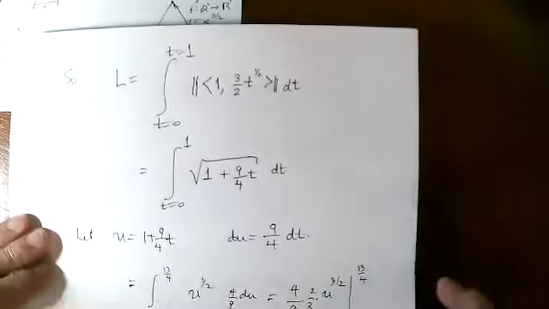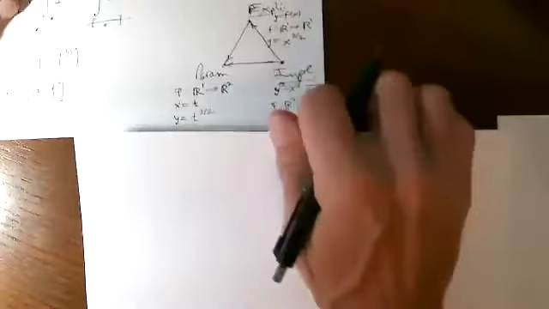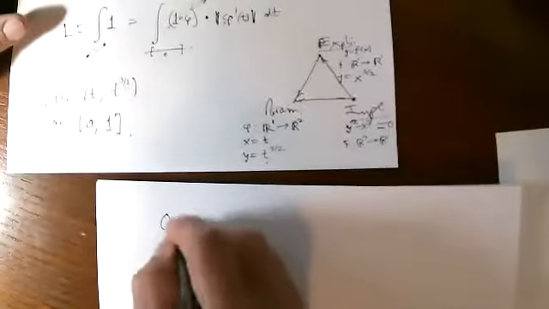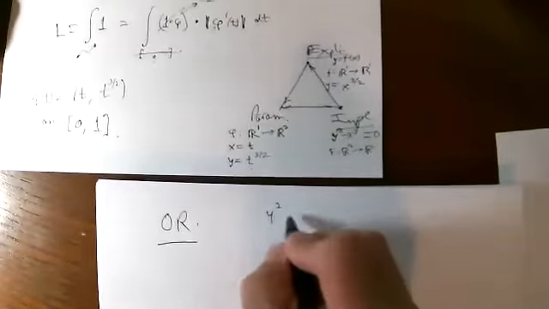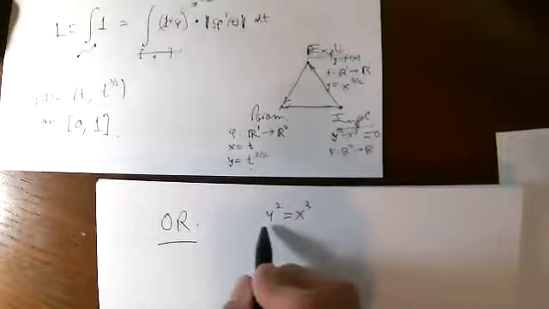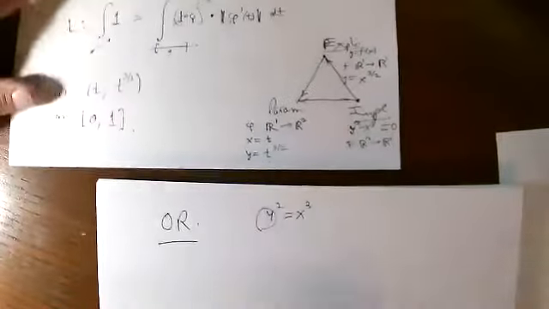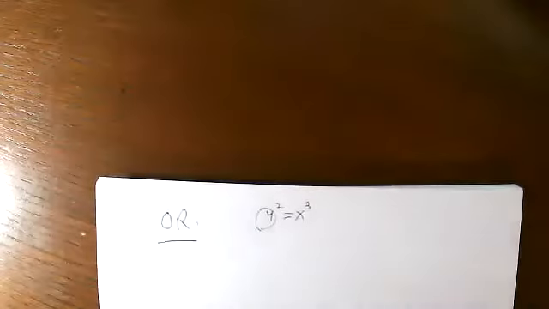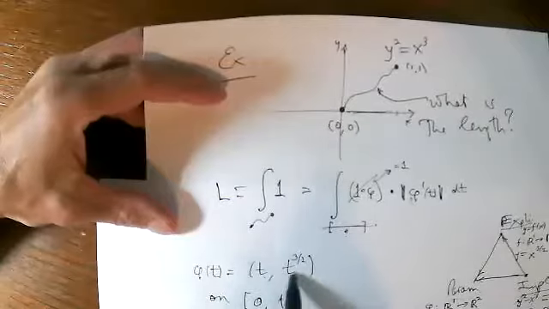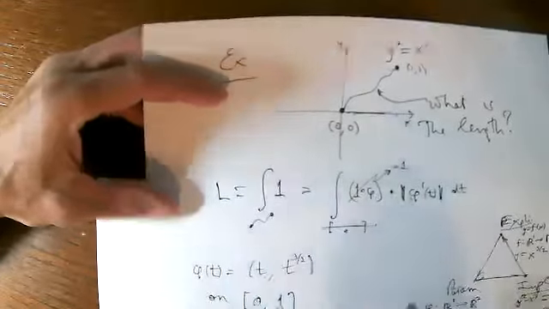Now, just for reference, I'd like to show you another parameterization you could have used for the same curve here. When you say that you want to have y squared equal x cubed, and you think about each of these two coordinates as being the outputs, both the x and the y coordinates were given as separate functions of t.